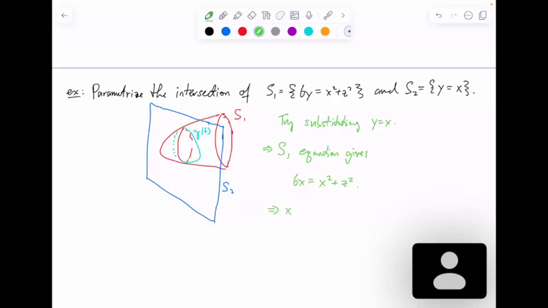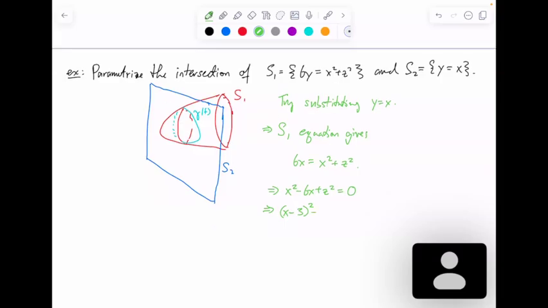All on one side, I could do x squared minus 6x plus z squared equals 0. And we could try and complete the square: x minus 3 squared. This gets you a plus 9, so we've got to subtract off the 9 here, plus z squared, equals 0. And now, what geometric shape is this in the x and z plane?